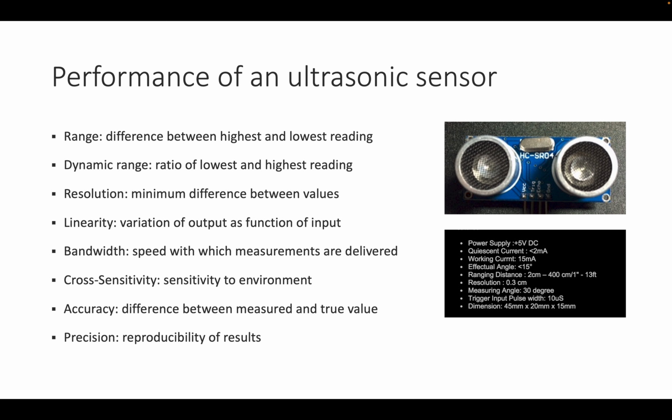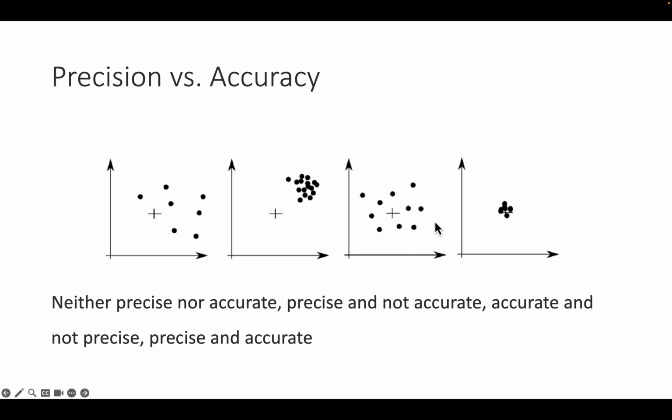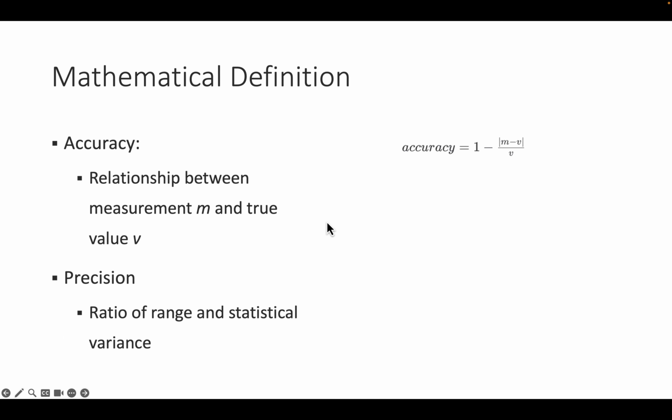And likewise, you could put a piece of paper in front of it and measure the distance with the sensor, and then write down those numbers and create a plot much like this one to experimentally determine your accuracy and precision.